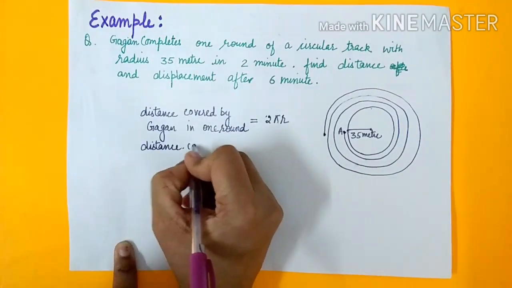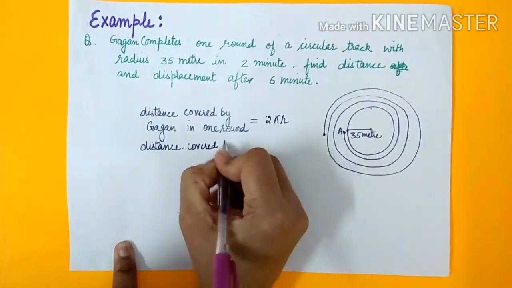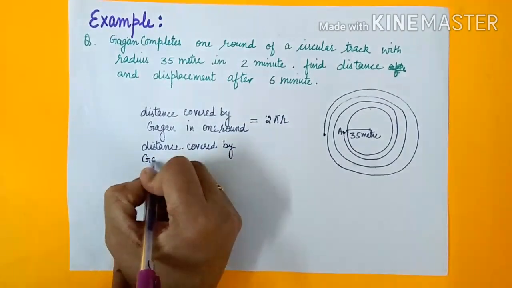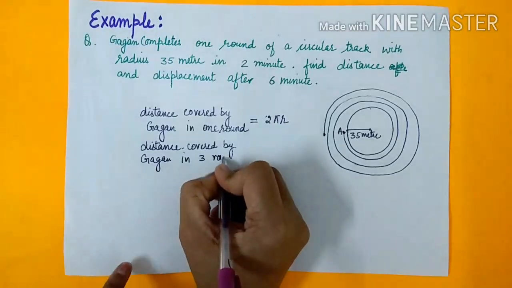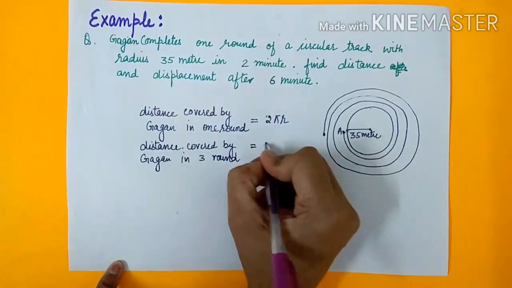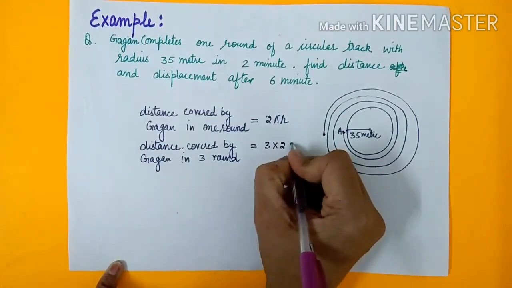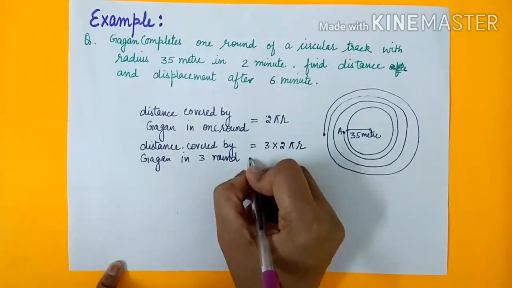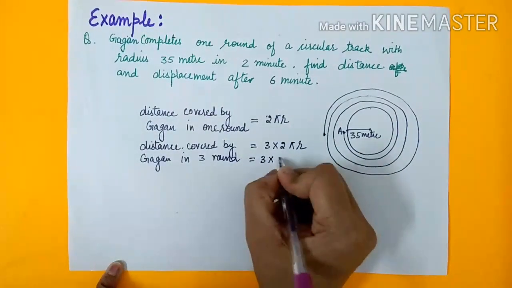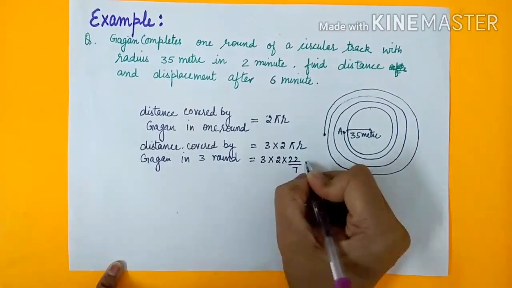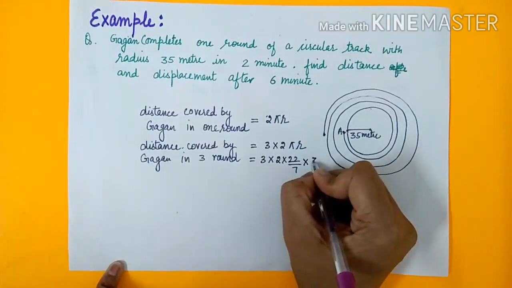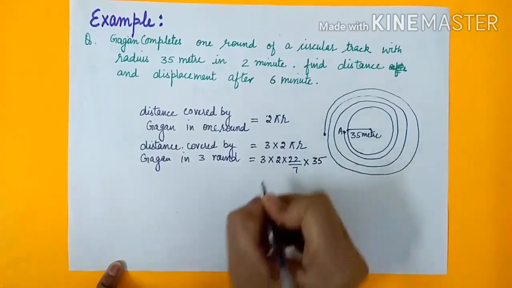You know that in 6 minutes he will take 3 rounds. So the distance covered by Gagan in 3 rounds is equivalent to 3 into 2 pi r. Now put the value: 3 into 2 into pi, which is 22/7, and r is 35.